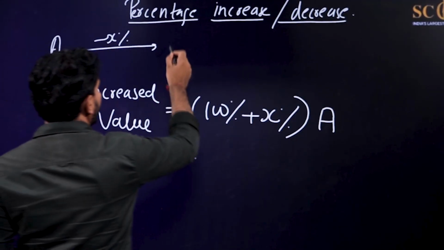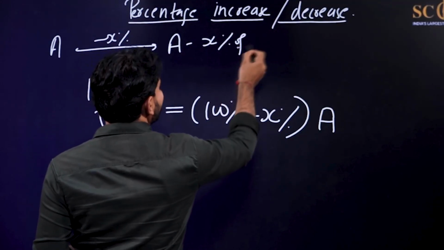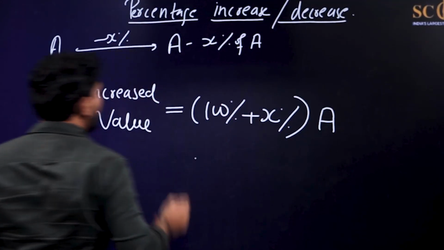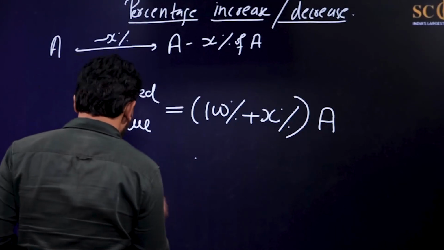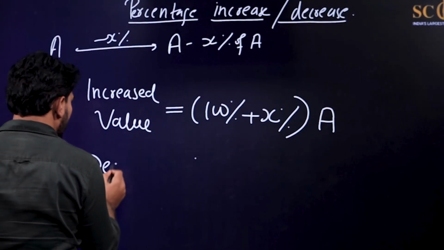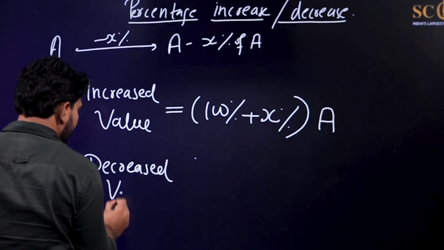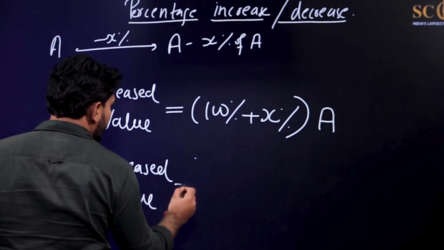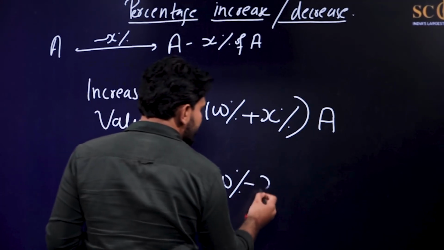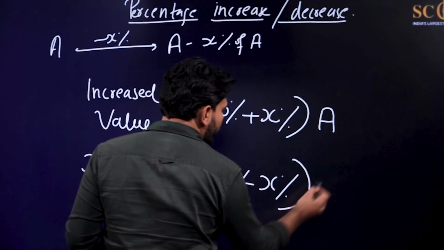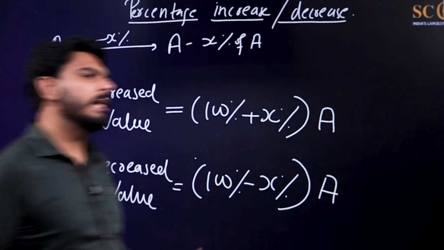It will be A minus X percent of A, the same thing. But in an easy manner, it can also be written as the decreased value of A: 100% minus X% of A. Okay, this is very easy.